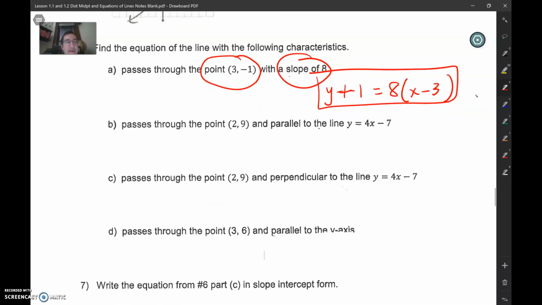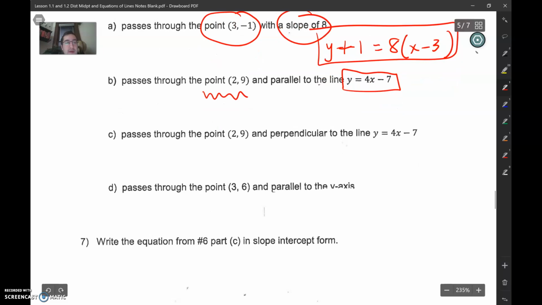Part B. Write an equation of a line that passes through this point and is parallel to this line. Oh snap, they gave me a point, but they didn't give me a slope. Yes, they did, because they want it to be parallel to that line, which means same slope. So once again, you have a point and a slope. Number 3, they want it to go through this point and be perpendicular to this line.